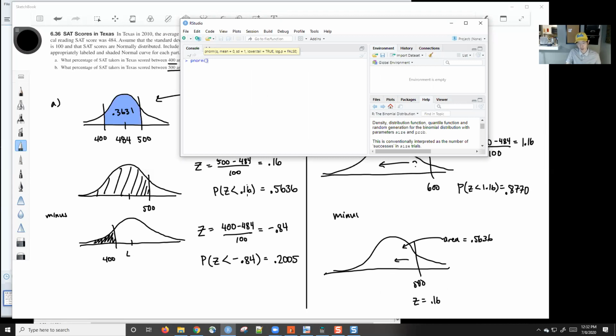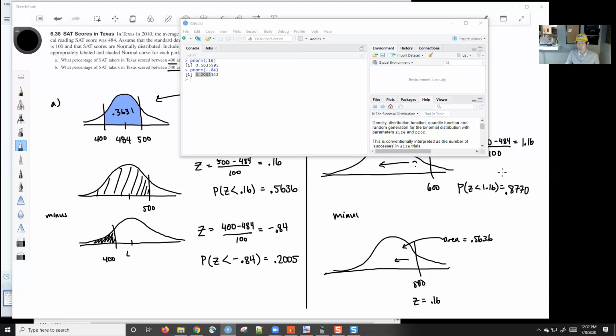If I type in 0.16, I'm going to get 0.5636, maybe with a few more decimal places: 0.5635595. If I round that off to 4 decimal places, I get the same thing. I can do pnorm of 0.16, pnorm of negative 0.84, and I get 0.2004, which rounded to 4 decimal places would be 0.2005.